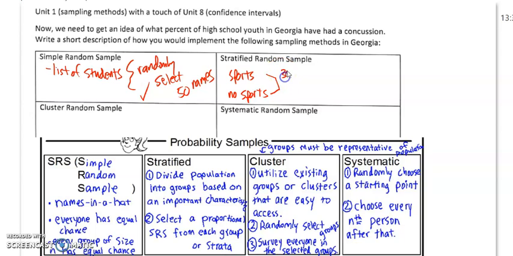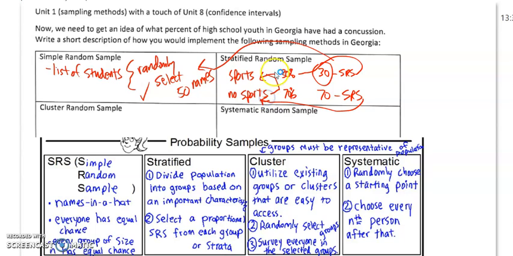Maybe 30% of students play sports and 70% don't. And so we get 30 randomly selected. So we're going to use an SRS within the group of students that play sports. So we'll go to our sports roster, randomly choose 30 with the same criteria that we did with this SRS thing. And then we go get 70 students with an SRS, a simple random sample, from the no sports group.